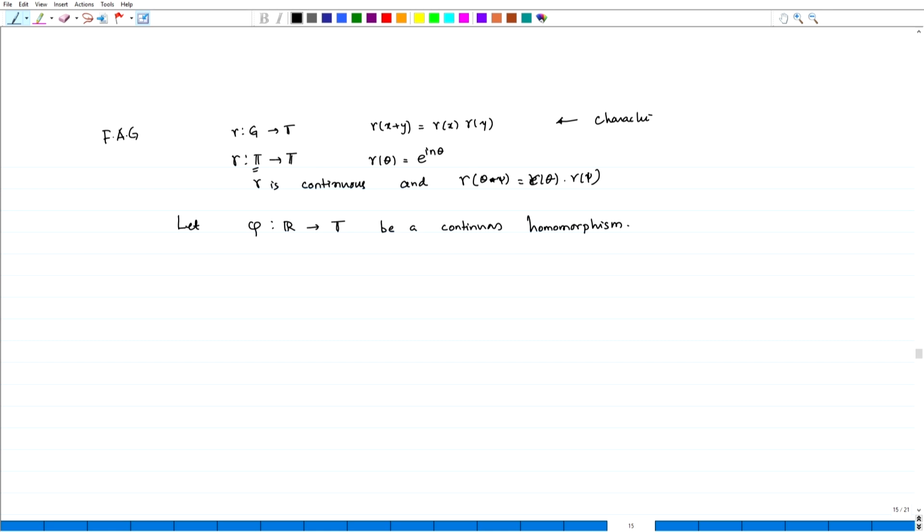That means phi of x plus y is equal to phi x times phi y, and the modulus of phi x is equal to 1 for all x, y belonging to R, and phi is continuous.